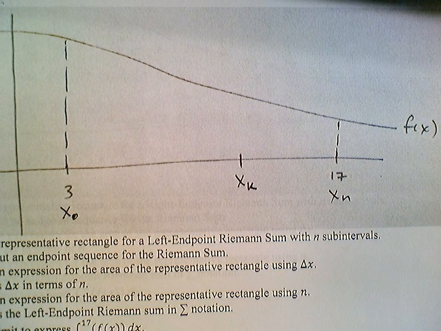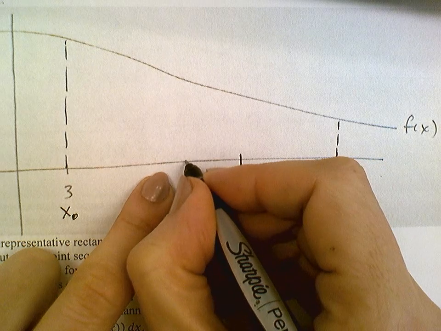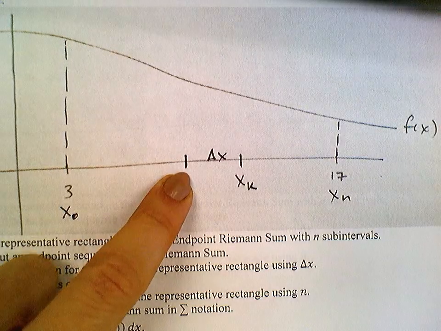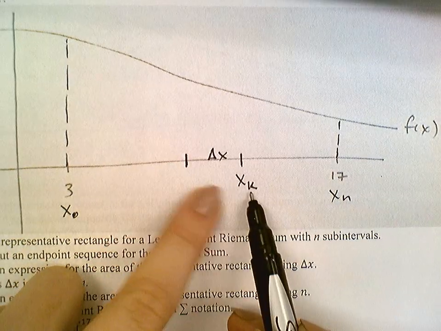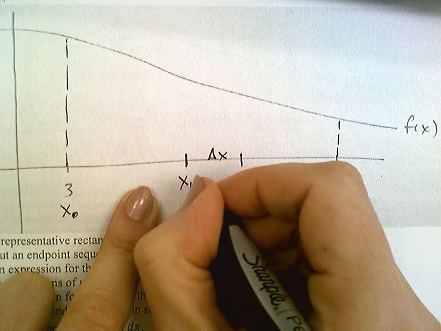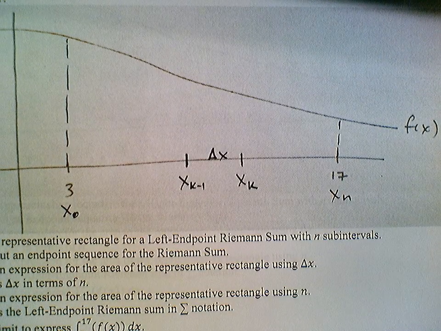Okay? And so if this is x sub k, and let's say that this is delta x right there. If that's x sub k, then the one before it is x sub k minus 1. And think about that, and if it doesn't make sense, ask a friend or ask me.